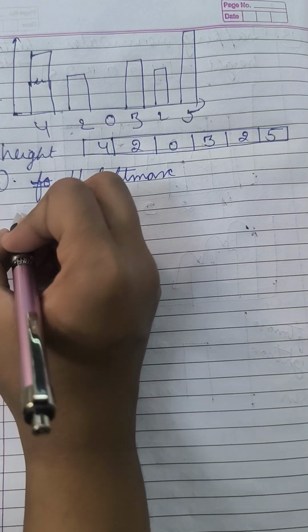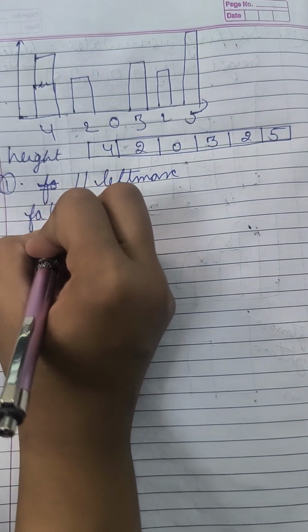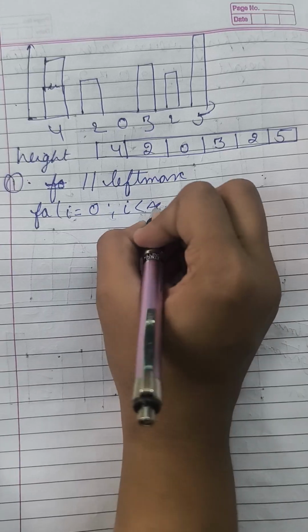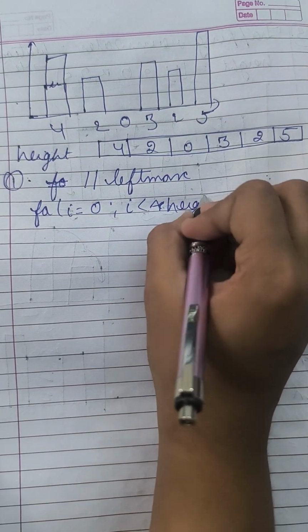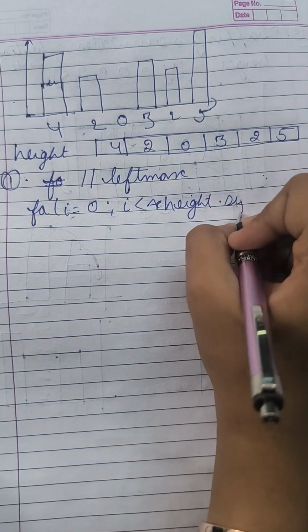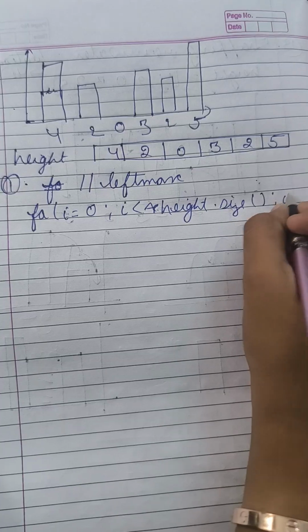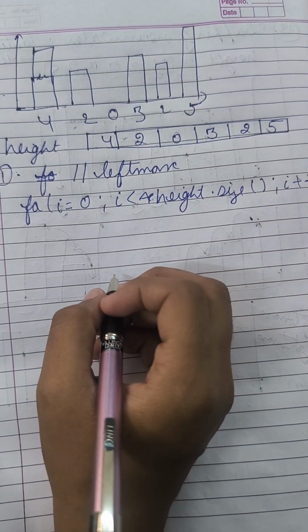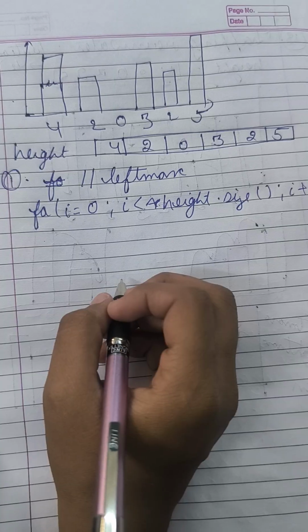For taking out the left max, I'm going to apply the for loop from i equals 0 till height.size(), whatever the size would be, and i++. Now I'm going to take out the maximum of left max.